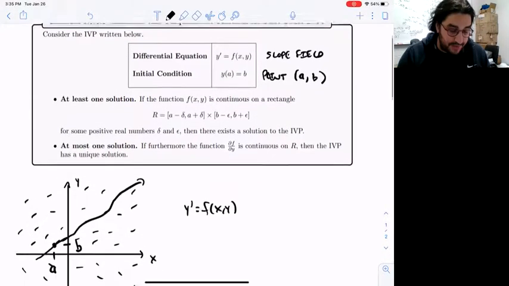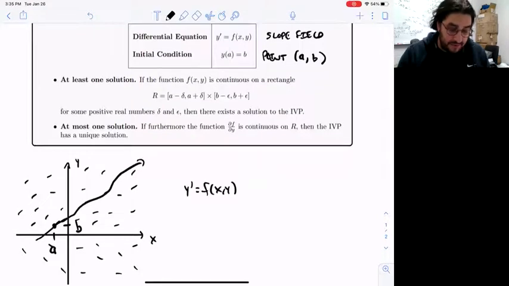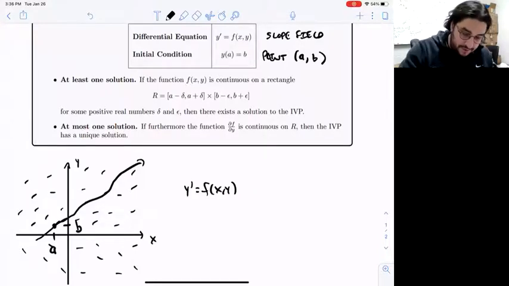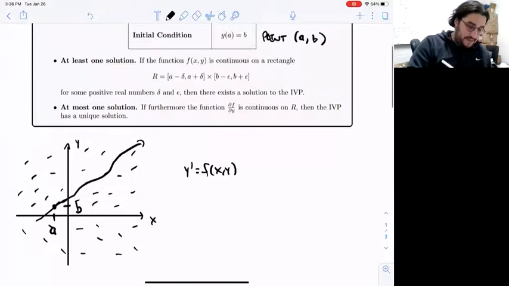Now, with that IVP, we have first an existence condition. We say that there's at least one solution as long as this function f of x, y is continuous on some rectangle containing the initial condition. So that's how you want to view this R. R is some rectangle, let's do R in blue here, that contains that initial condition.